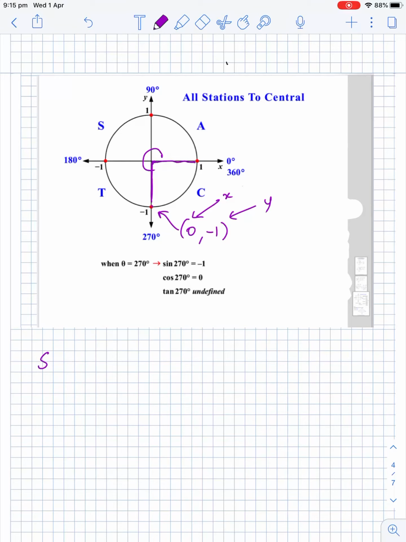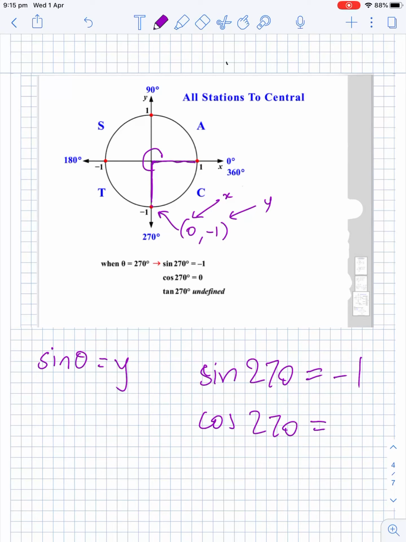Simple as that. So let's do sine of theta is equal to y. You just have to remember that. So therefore sine of my 270, what's my y? My y is minus 1. Done, easy. It's right there, simple. Cos of 270, or cos of theta has to be the x value equal to x.